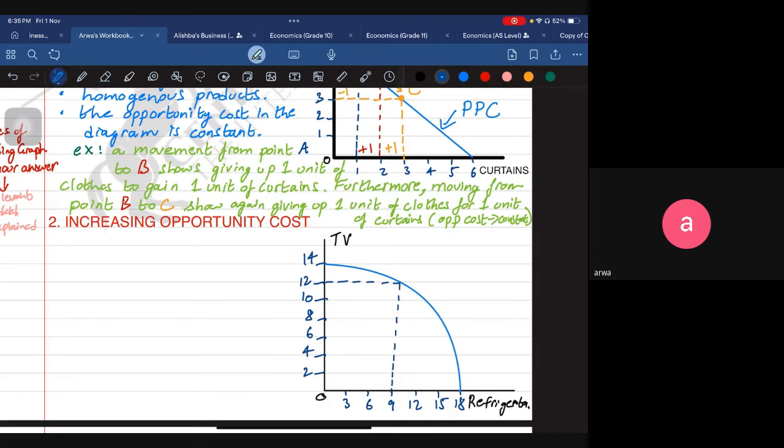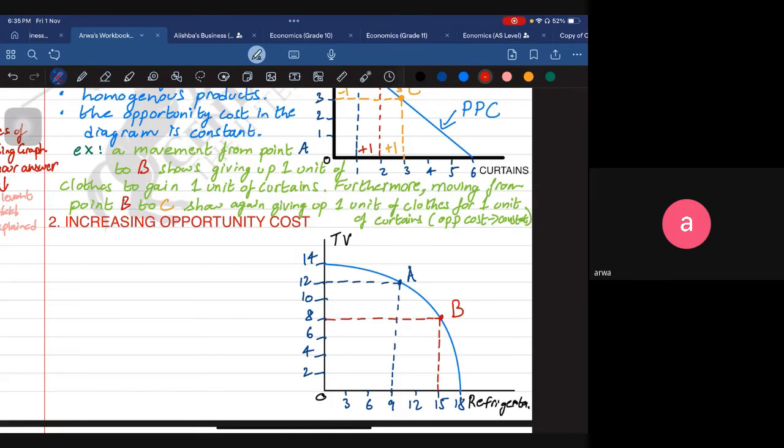So this is, let's say, point A, and we move on to point B, and then we'll move on to point C. Let's say this is point B.